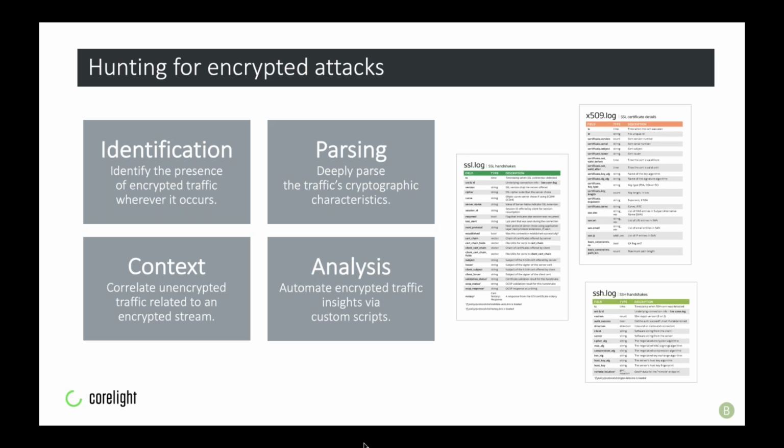So Corelight's use of Zeek actually throws its protocol parsers against every stream it sees until all but one fails. So it's exceptionally good at detecting traffic on off-port protocols or just strange behaviors where you're seeing traffic that shouldn't be in certain areas. So Corelight can identify encrypted traffic wherever it occurs, even if it's not over expected ports.